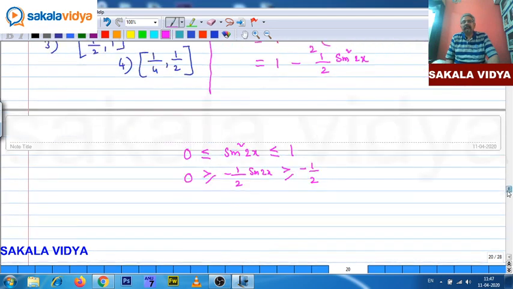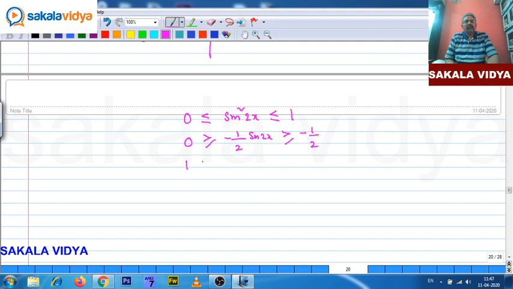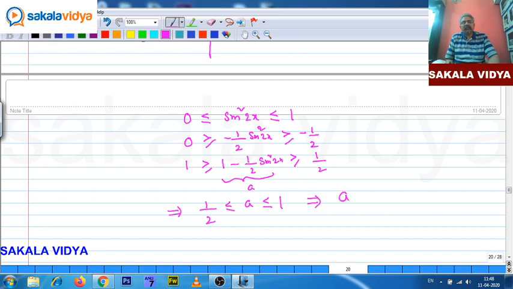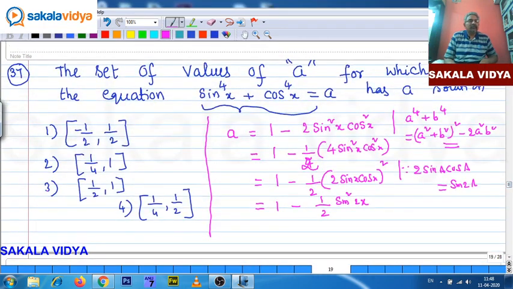If you add 1, 1 is greater than or equal to 1 minus 1 by 2 sin square 2x, which is a. That means half less than or equal to a less than or equal to 1. Therefore, a belongs to half comma 1. So this is the answer. That means the third option is the right option, option 3.